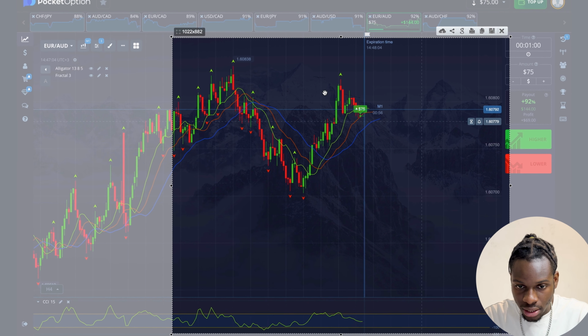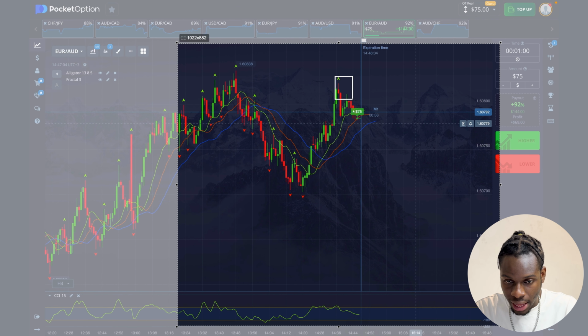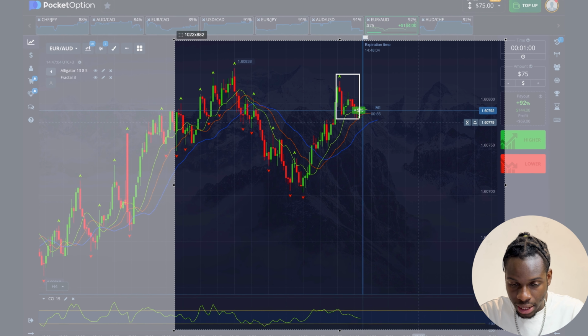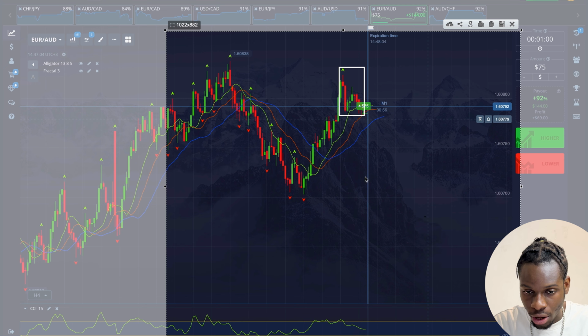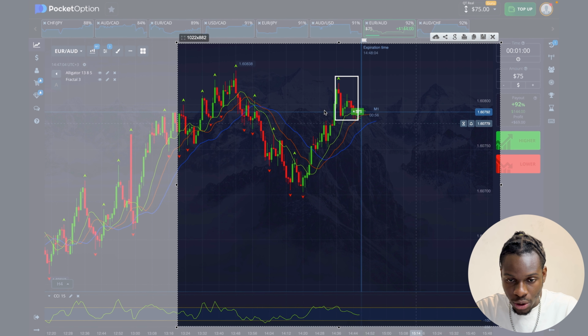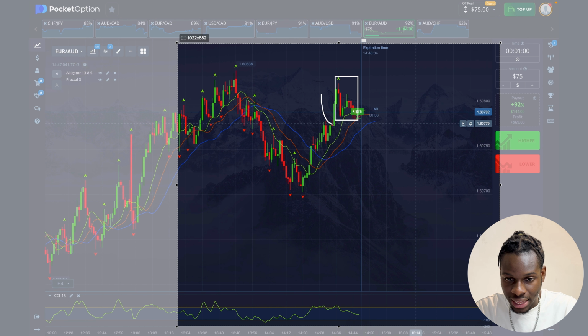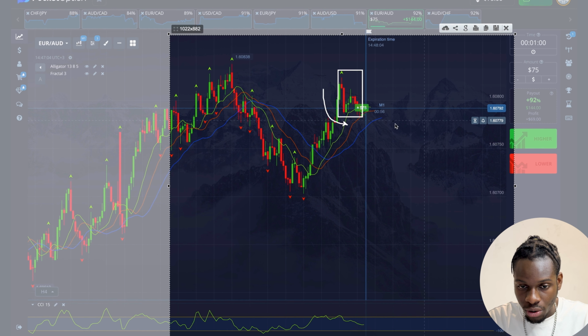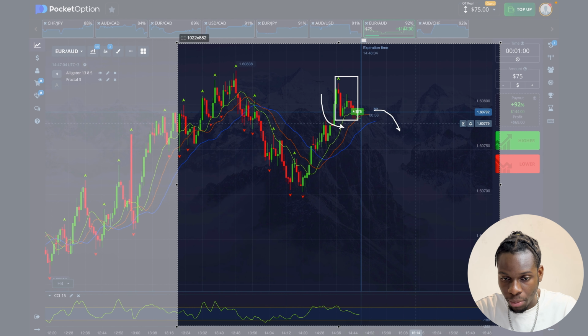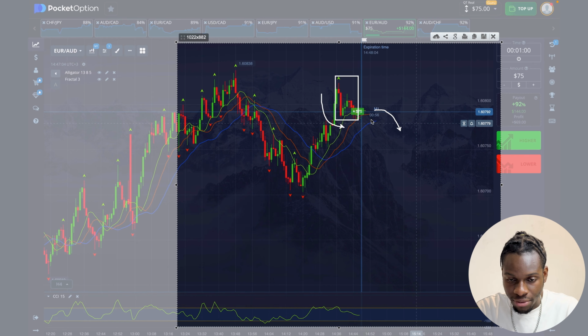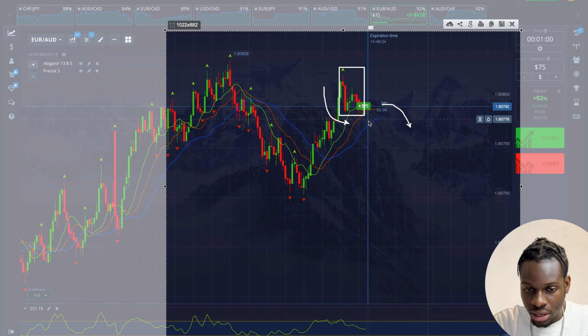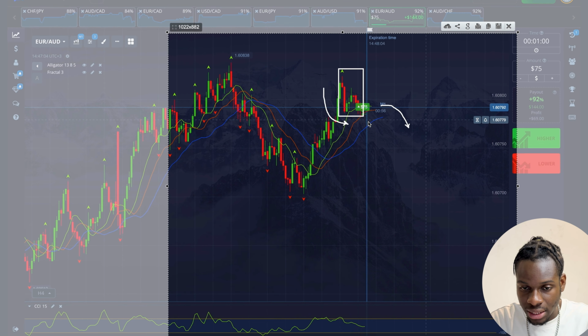After that pullback, we're expecting price to keep on going upwards because we didn't get an intersection from the Alligator's moving lines. If it was going to go down further, we should have an intersection from the moving lines and they should be pointing downwards. But we do not have that. So that gives us the reason that the market is most likely going to keep on going upwards. You know, the bears didn't win this one. We should have further upward movement.